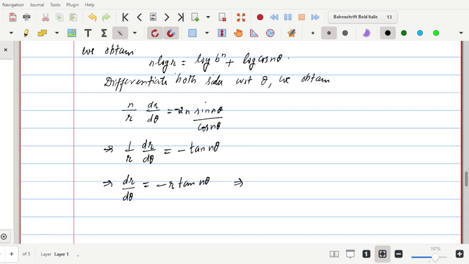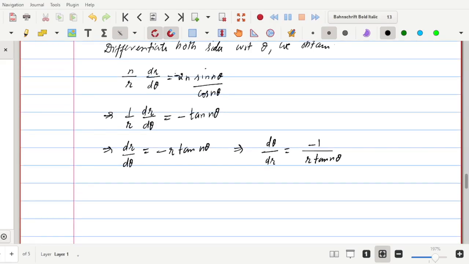Now taking the reciprocal, this implies d theta by dr is equal to minus 1 divided by r tan n theta. Therefore we can compute r d theta by dr, which is equal to minus r divided by r tan n theta, which we can write as minus 1 divided by tan n theta, and this is equal to minus cot n theta.